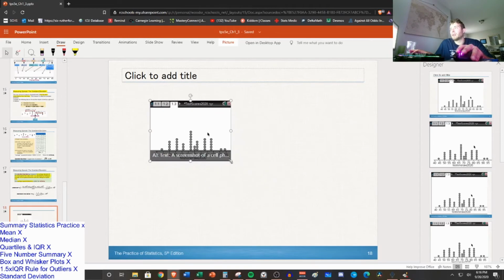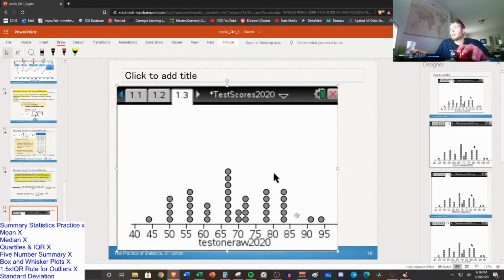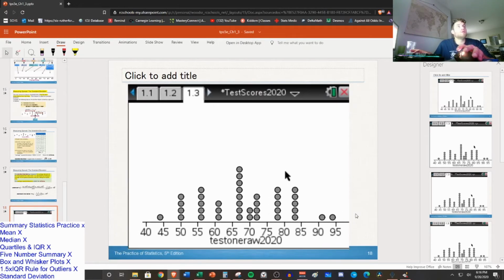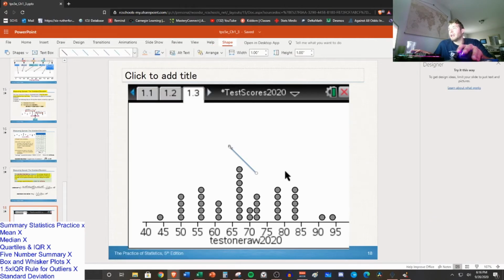Okay. So let me enlarge that significantly here. All right. So I want you to find your dot. It's somewhere on here, however you performed on the last test. Okay. And I'm going to insert a line, and this line is going to go where our mean is. So this line is X bar.